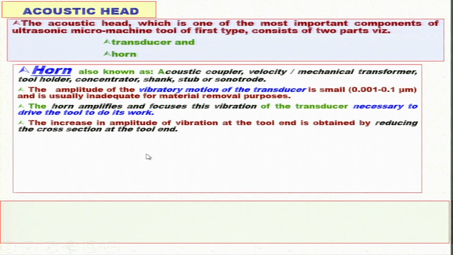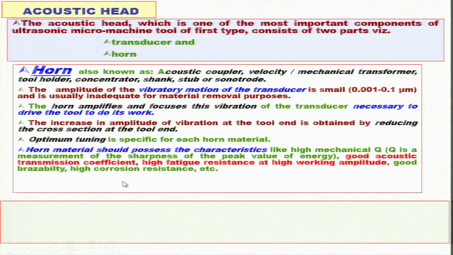The increase in amplitude of vibration at the tool end is obtained by reducing the cross section of the tool end. As you must have seen in the horn, it is a tapered one. Optimum tuning is specific for each horn material.